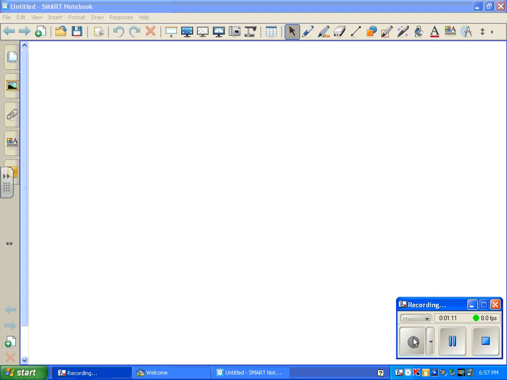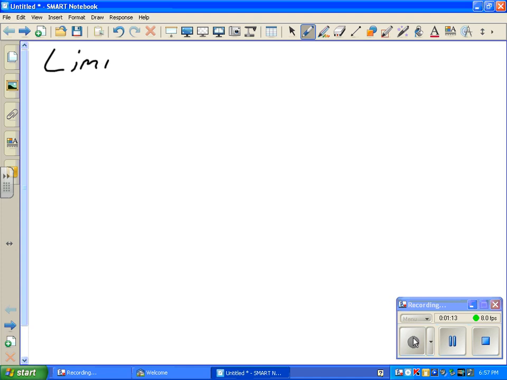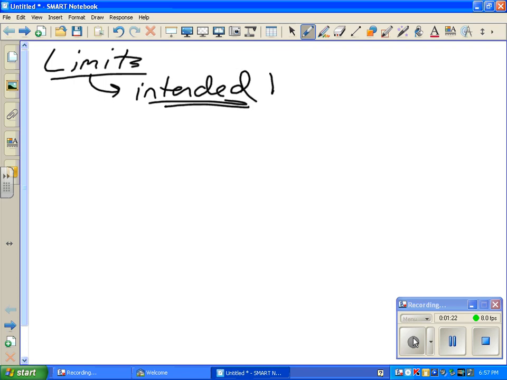Okay, I'm going to talk about chapter 1 with limits and some key ideas with limits. What is a limit? A limit is an intended height of a function. Okay, so it is not the exact value of the function.